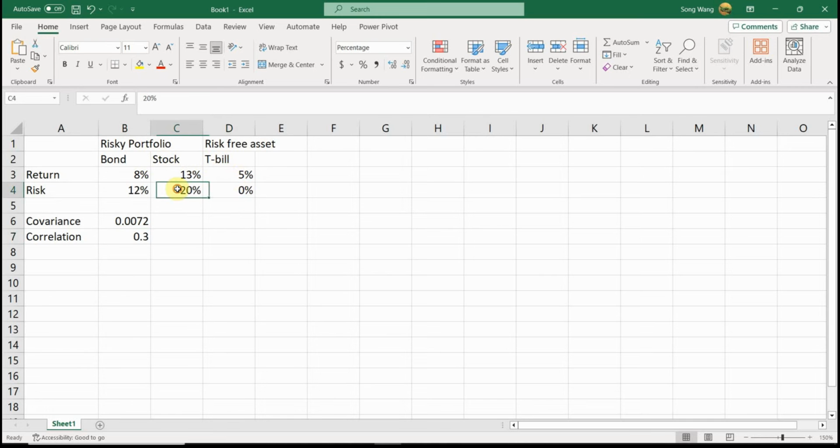That's 0 because there's no risk associated with the T-bill. And the correlation between bond and T-bill is also 0. Okay, so let me just merge the cell and put some border here.